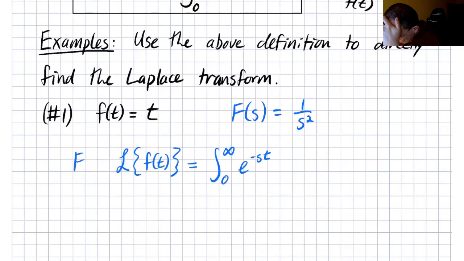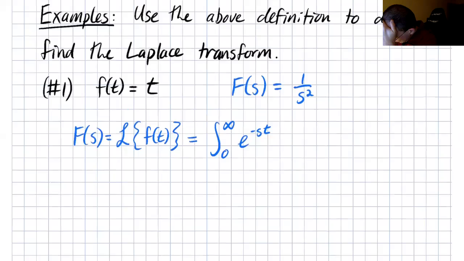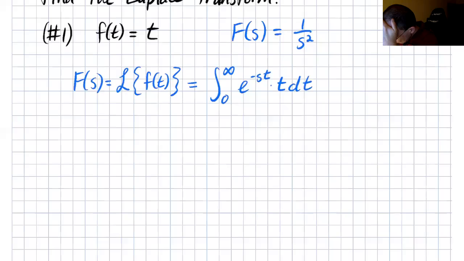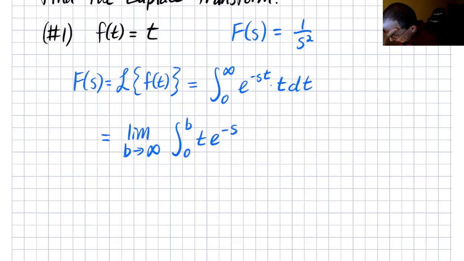Let me say F of s is equal to this, so times t dt. Okay, how do we do this kind of integral? This will be the limit as b goes to infinity of the integral from 0 to b of t e to the negative st dt.